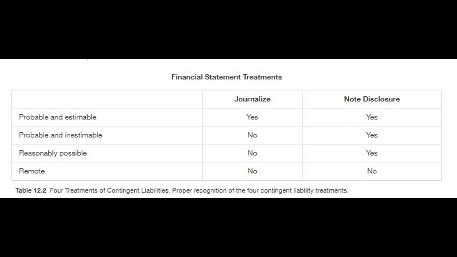As you can see in table 12.2, we have a number of brief rules. If it is probable that you will lose the lawsuit, and you can estimate the amount you will have to pay, then the liability is probable and estimable, and you do need to record it.